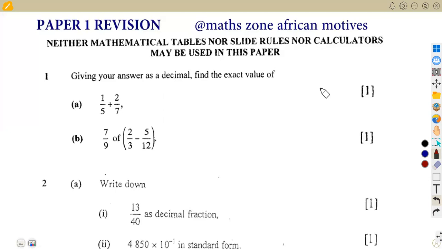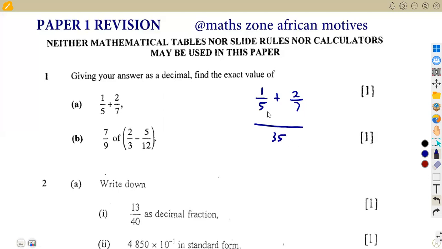What was the idea in this case? 1/5 plus 2/7. What were you supposed to obtain? The LCM of 5 and 7 was going to be what? 35. 35 in this case.